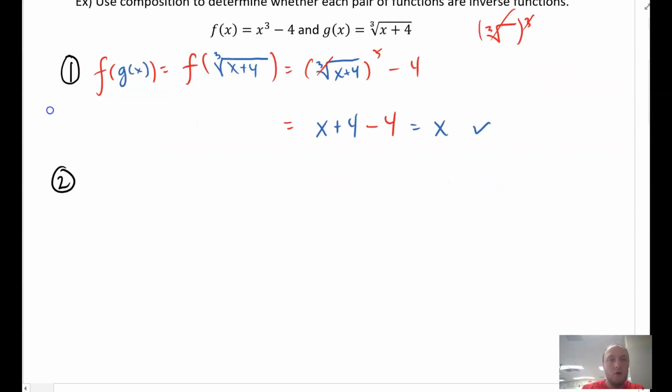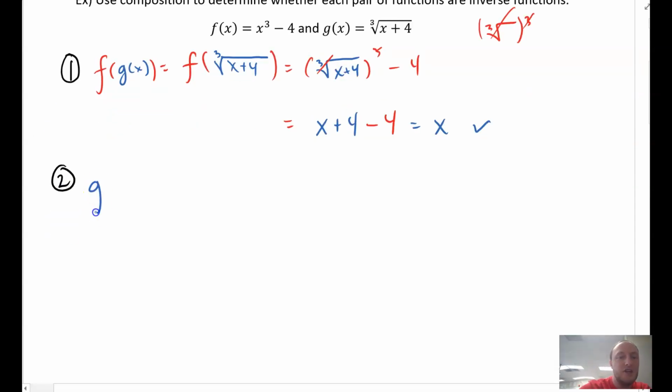Now we'll flip the script. I'll take g of x, and I'm going to drop in there f of x. So g of f of x. I'm going to take my f of x function, which happens to be x cubed minus 4, and I'm going to embed that into g of x.